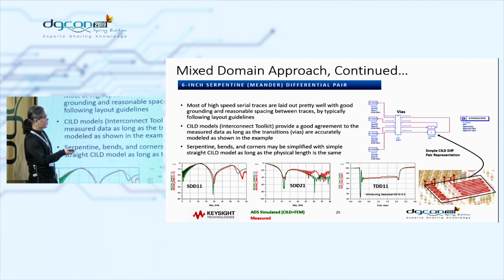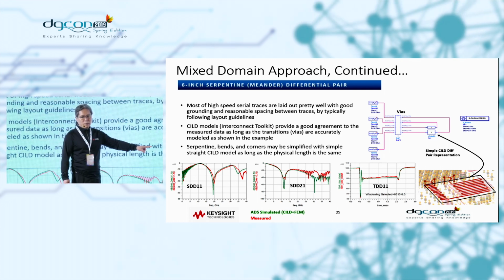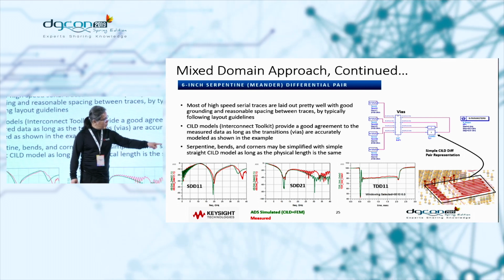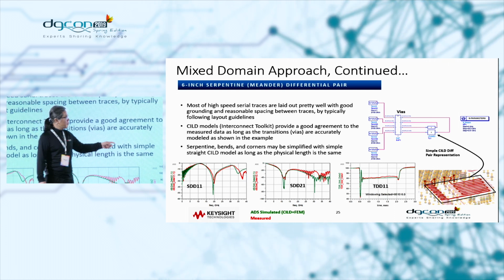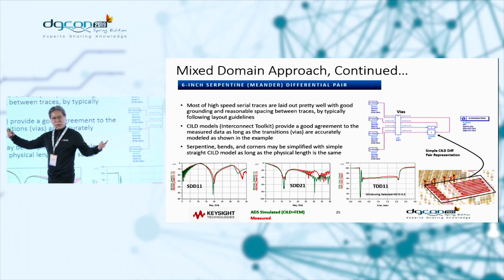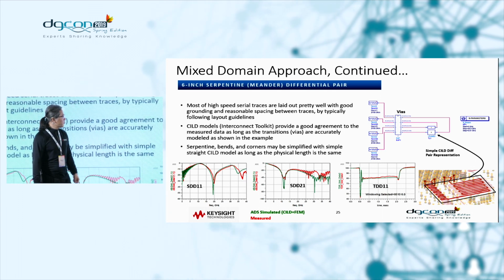Okay, I'm sorry. So here is another one, showing a simple example. If you look, this is a differential pair, not single-ended. That black box area is basically represented as a very simple transmission line, a single straight line, not even serpentine type of transmission line.